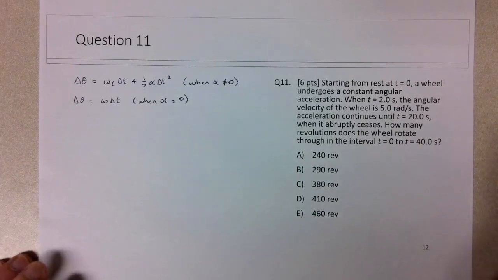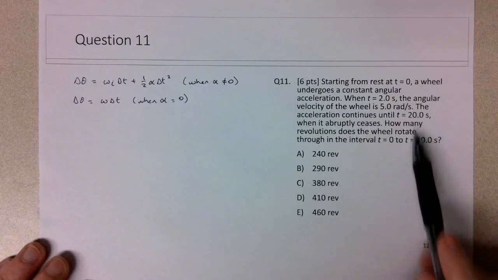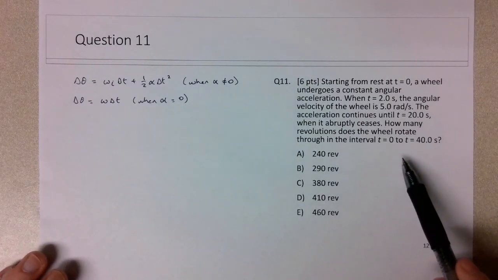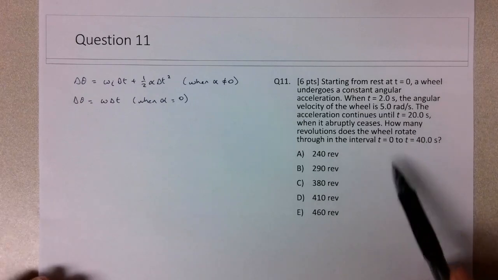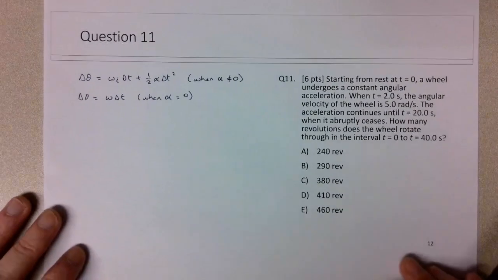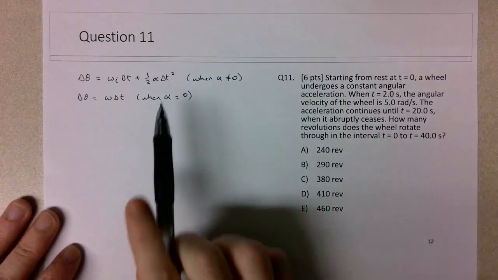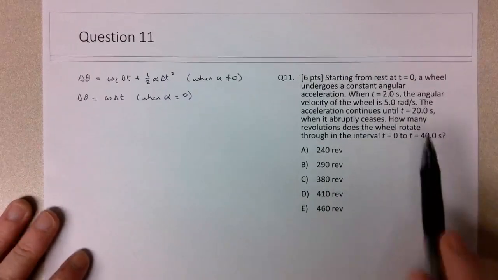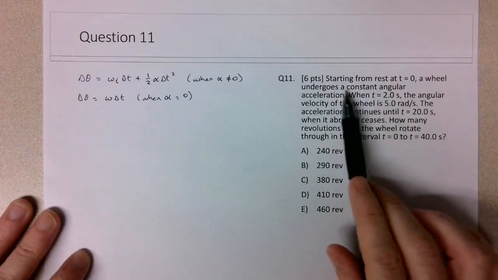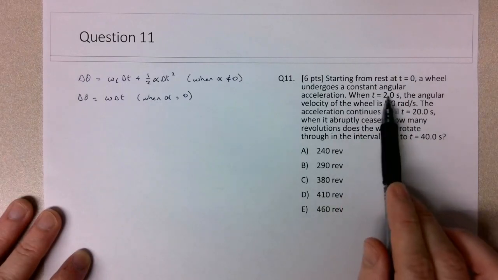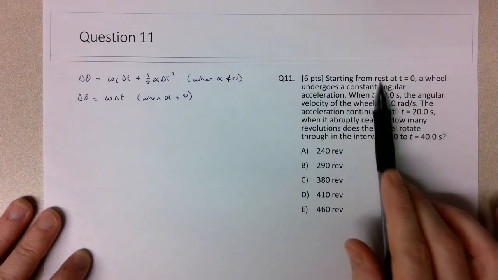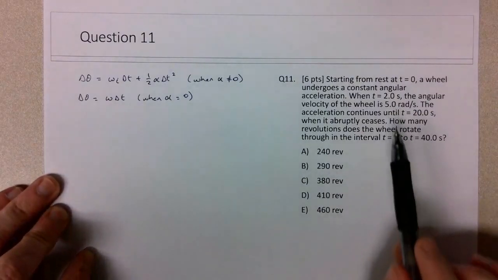So in this particular case we're going to have both of these involved in this problem, in that for the first 20 seconds there is an angular acceleration, but for the latter 20 seconds there's just constant speed. So we will need the alpha. We know that at 2 seconds, during constant angular acceleration, its speed is increased from rest to 5 radians per second.